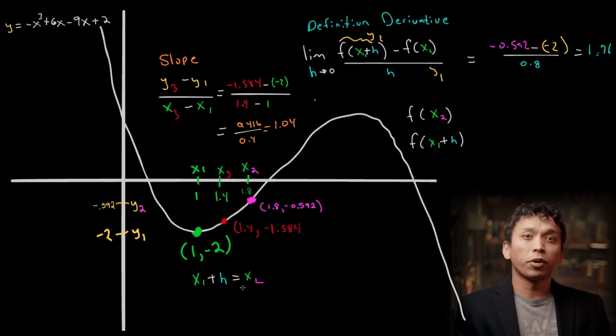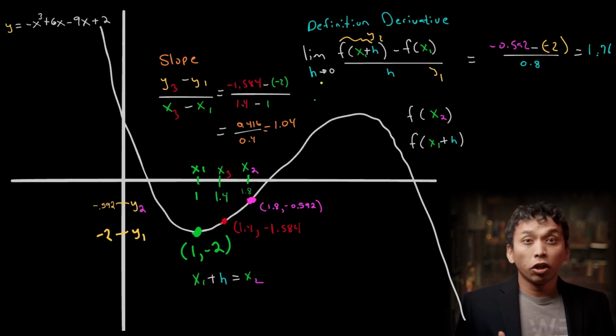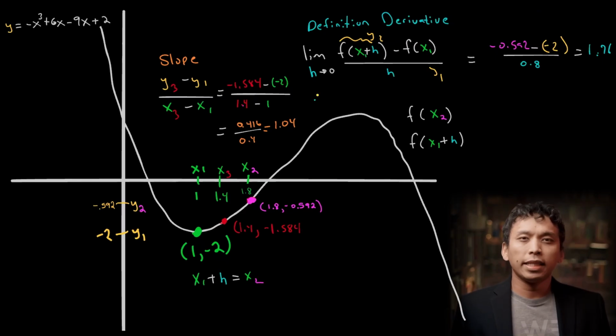Now, if we take this logical progression completely through, we will keep on choosing dots with an x value closer and closer to x1. And if you choose values closer and closer to x1, that's what the limit definition of derivative is saying. This h going to 0, you're trying to choose the difference between the two dots where the horizontal distance gets closer and closer to 0, where it eventually ends up at 0.